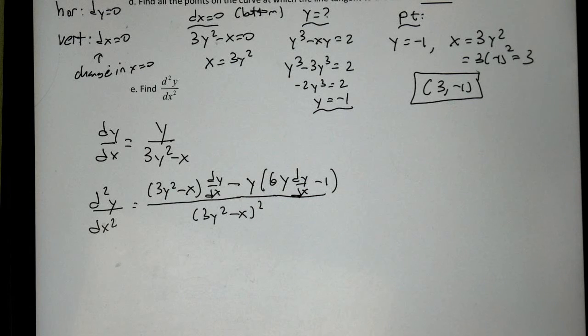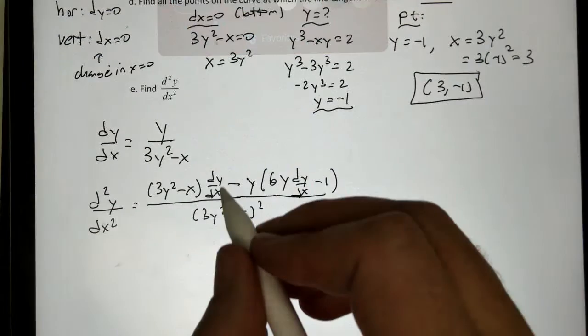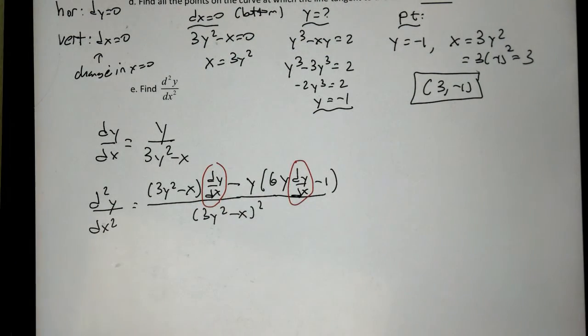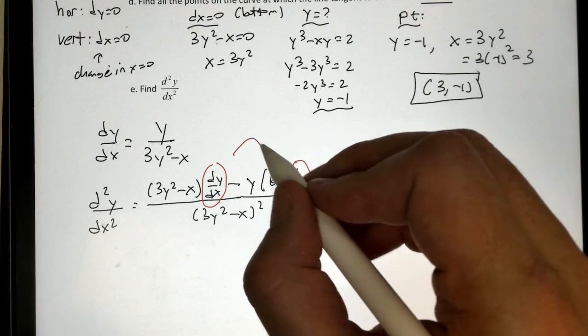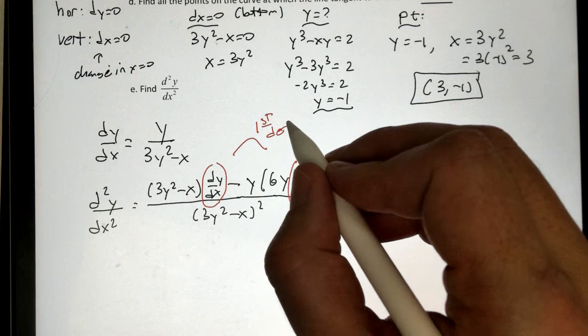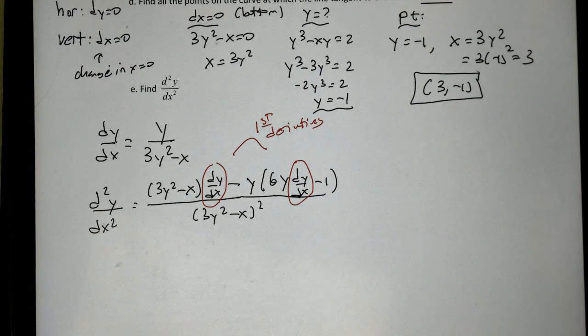There's my derivative. Now, you may remember from my previous videos, we've got to be careful with this part right here. This is an improper fraction. These are our first derivatives.